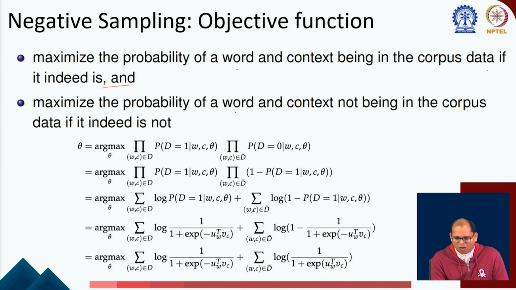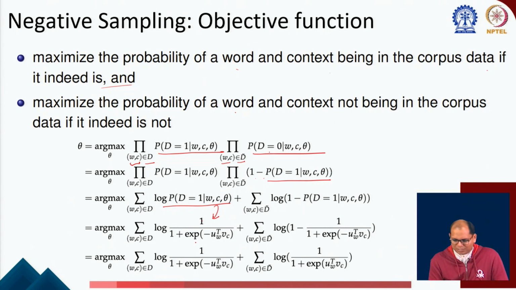For all W, C pairs that I have seen in the data, I want to maximize this probability, and for all pairs that I have not seen in the data, I want to maximize the probability that D equals 0. Fine, and probability D equals 0 is nothing but 1 minus probability D equals 1 given this. Now we have already formulated it using this particular sigmoid function.